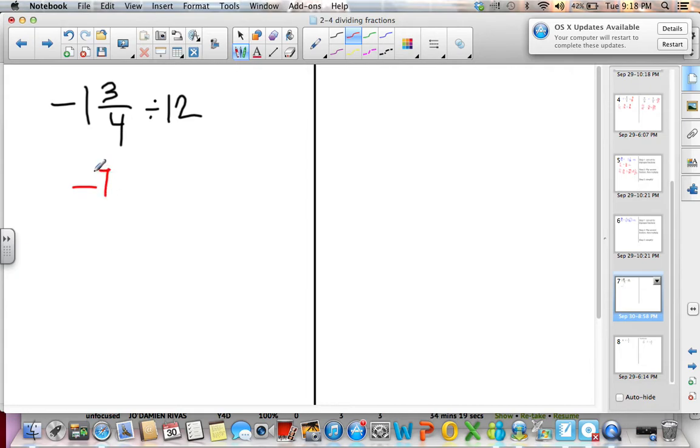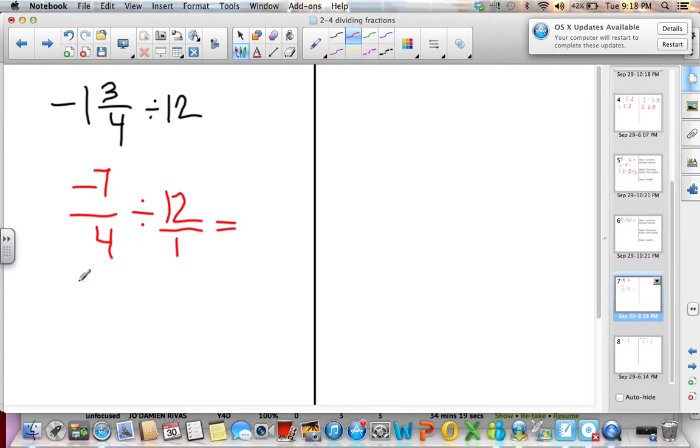No, we're going to go the other way. Negative 7 fourths. So we do it like it's positive, but we keep our negatives. So 4 times 1 is 4, plus 3 is 7. So negative 7 fourths divided by 12. And I'm going to make my whole number 12 over 1.